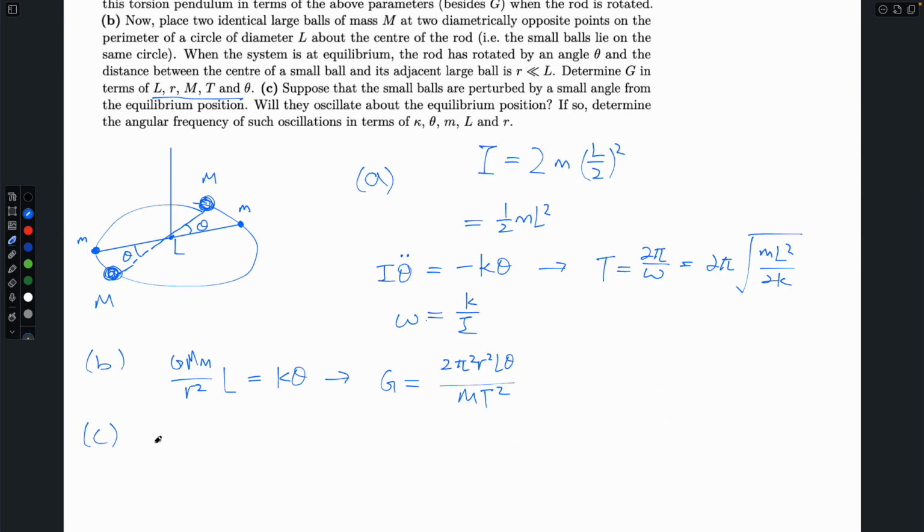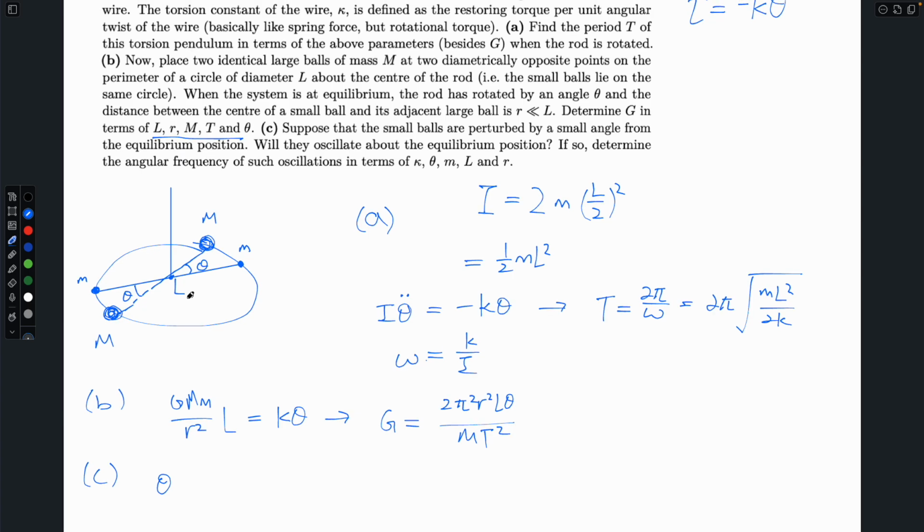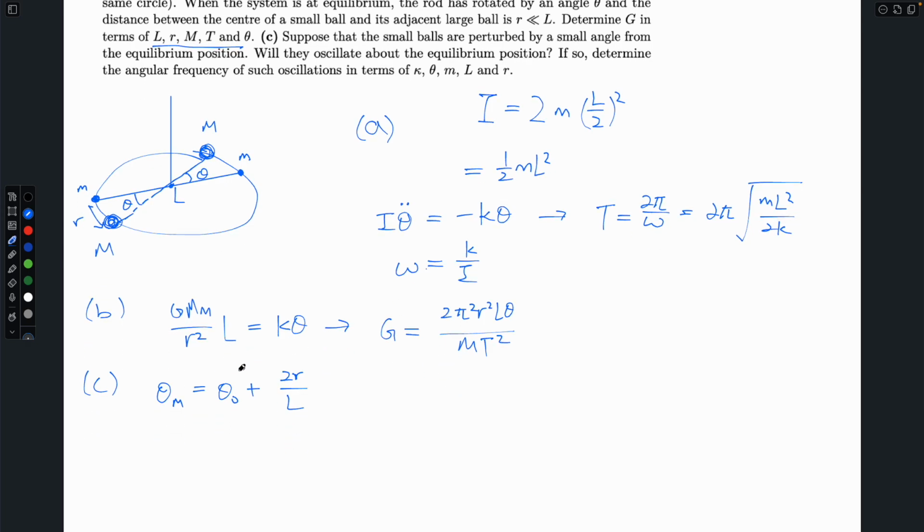Let's let theta... okay, firstly, this is r, by the way. So we can write the angle as theta naught plus 2r over L. Let me define stuff here.